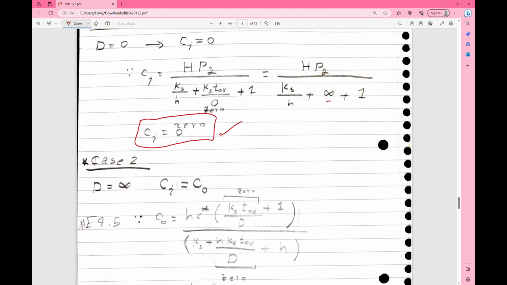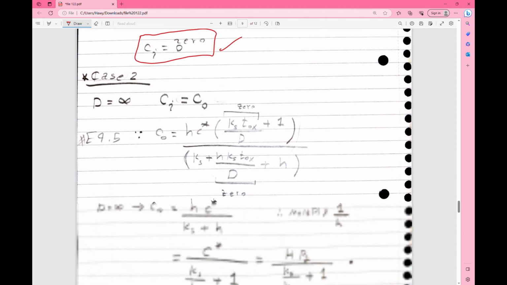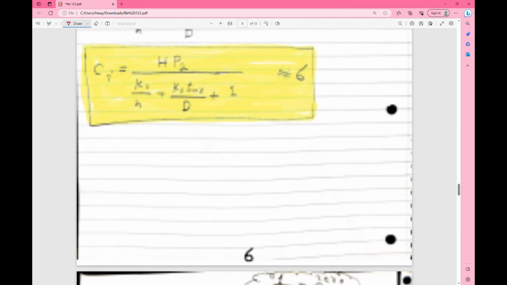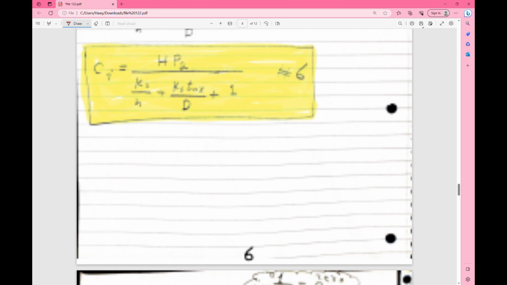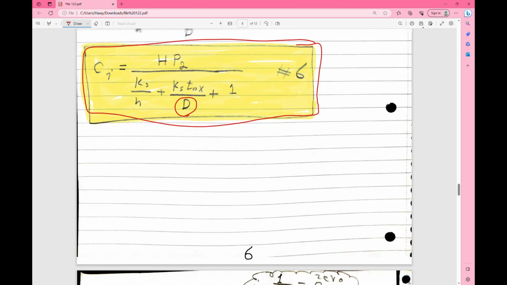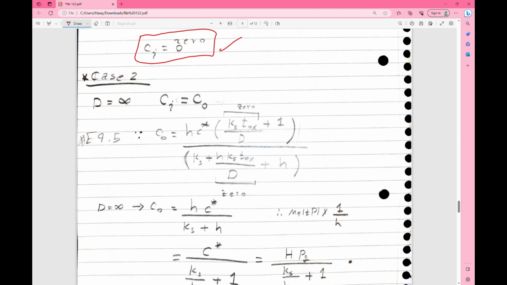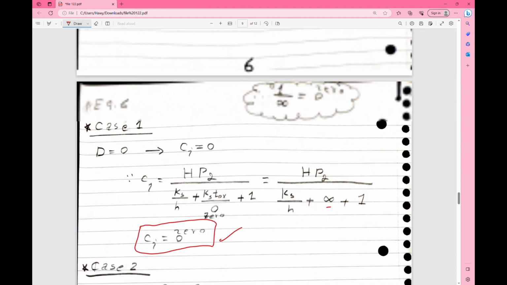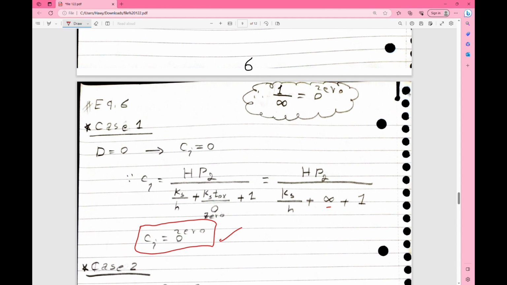Now case 2, which is d equals infinity. We go back and put d the same as in case 1, where we put it equal to 0. Now we put d equal infinity. We know that every 1 over infinity is 0.